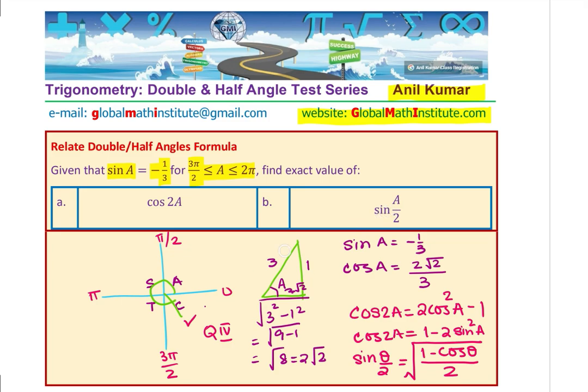Now clearly, if A is in quadrant 4, then A by 2 will be where? Well, it is going to be in quadrant 2, right? So A by 2 will be here. So sine A by 2 is going to be positive for us, and cos 2A will also be positive for us, right?